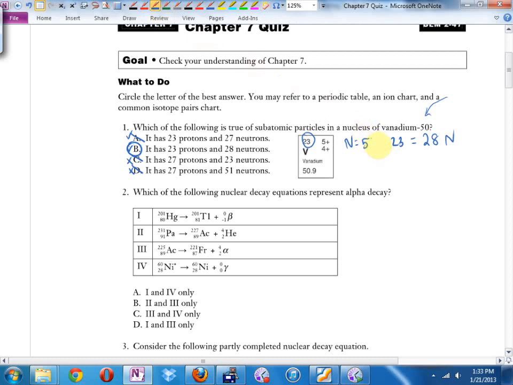They said this has a mass of 50, which means it still has 23 protons. Yeah, it still has 23 protons because that's the atomic number, but it does not have 28 neutrons. Actually, how many neutrons does it have?